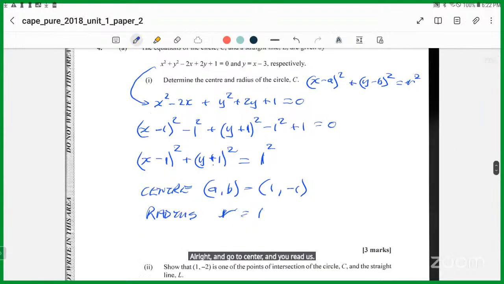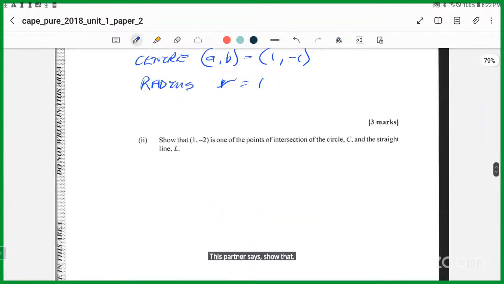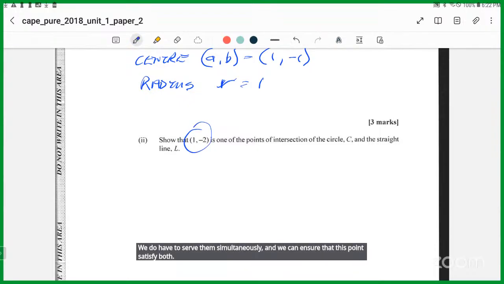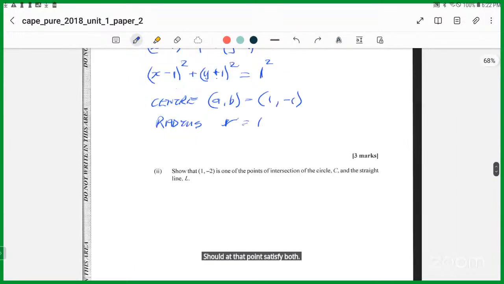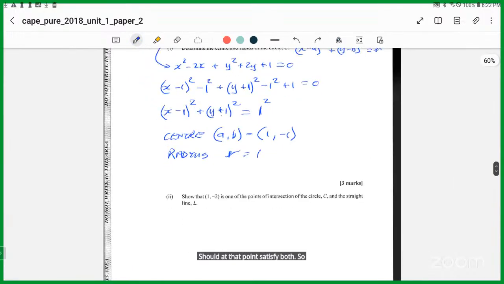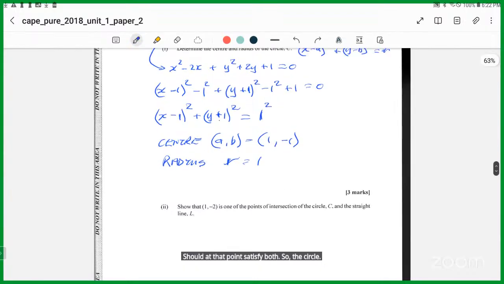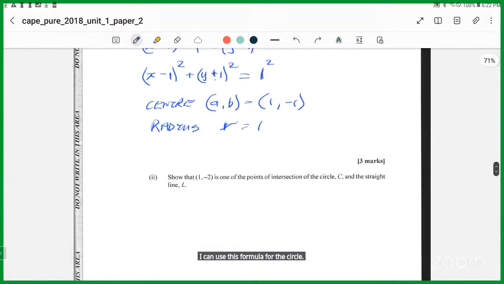Next part now says show that negative 1, 2 is one point of intersection of the circle C and the straight line. Now, to show that this is a point of intersection, we do have to solve them simultaneously, or we can show that this point satisfies both of them. So for the circle, I can use this formula, x minus 1 squared plus y plus 1 squared equals 1 squared.